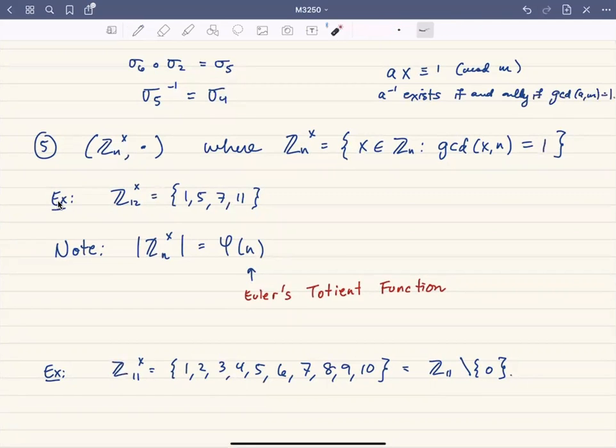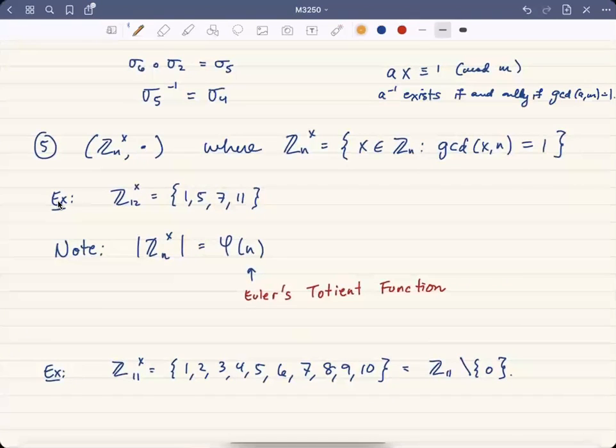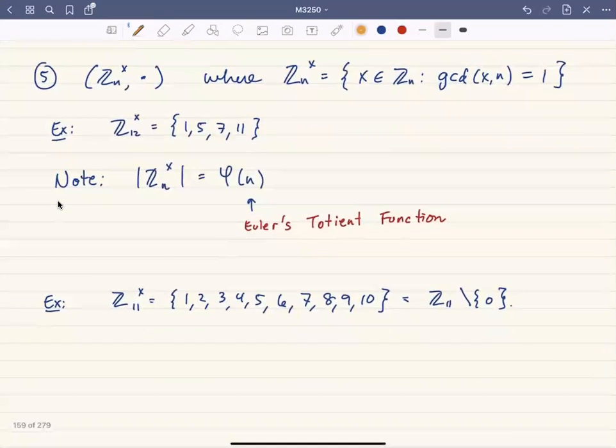So that's why the elements in the set of integers mod N that have inverses are precisely the ones that are relatively prime with N. Okay, so this is just a fact from what we did not too long ago, a week or two ago. So this is called the multiplicative group of integers mod N.